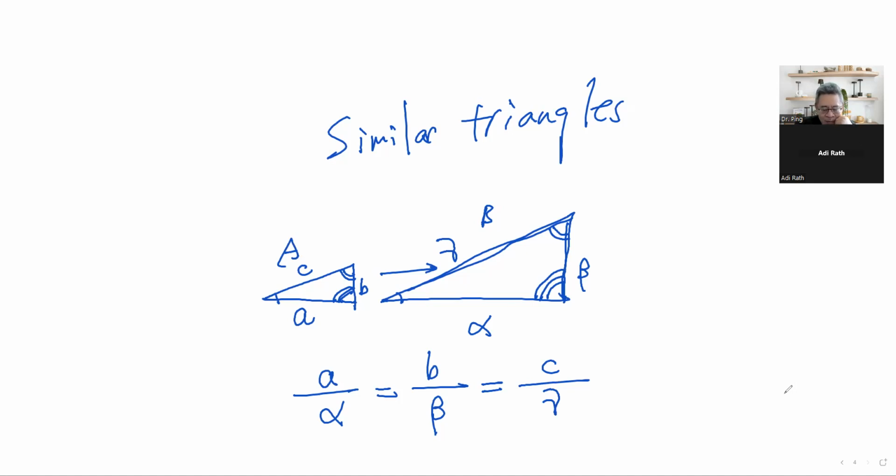Okay, so this actually turns out to be very useful, using similar triangles. Now, this is more than 2,000 years ago, and the Greeks were trying to figure out, if I see a boat far away, how do I know its distance to the shore?